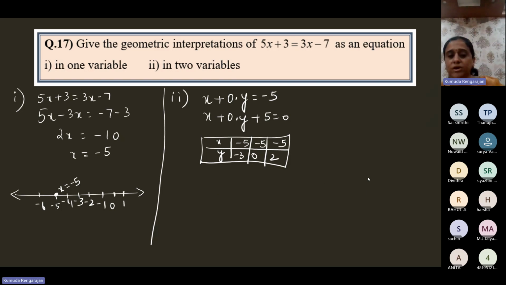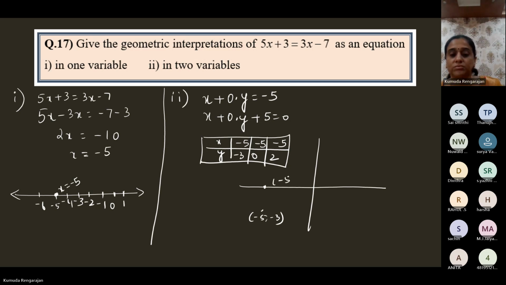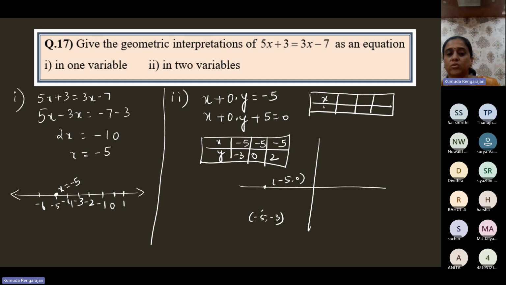Now plot these points. Minus 5, minus 3, somewhere here. Minus 5, 0. And let's put the table here because it's coming the way of the line. x, y, minus 5.